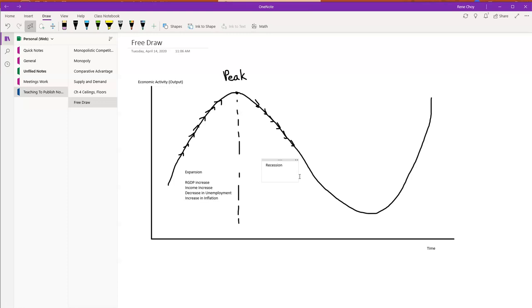When we go into a recession, we're going to notice that real GDP decreases. Income decreases. Unemployment will rise. And you will see decreasing inflation.